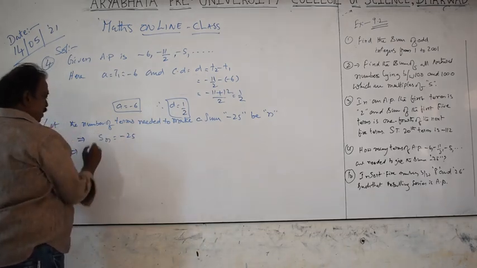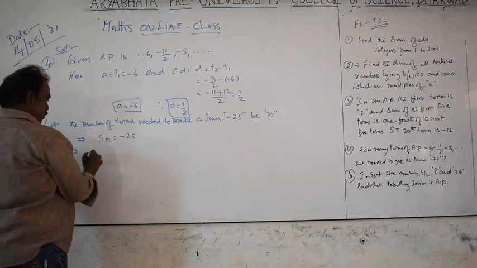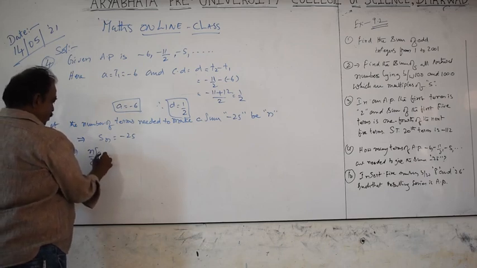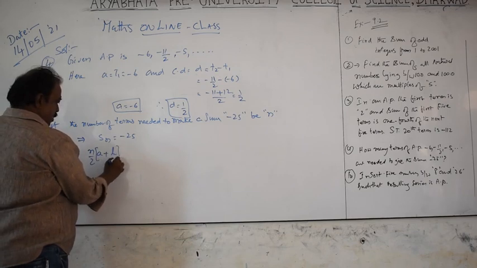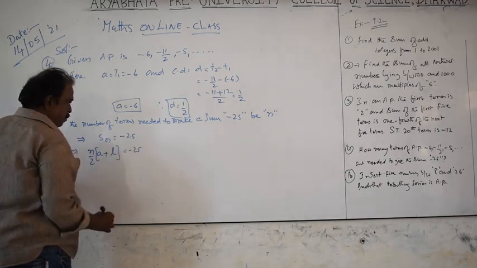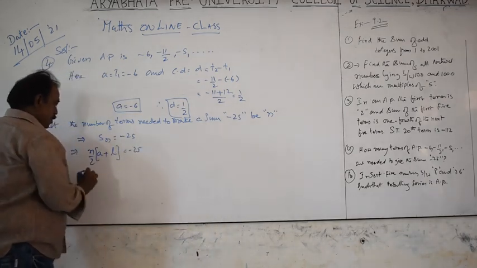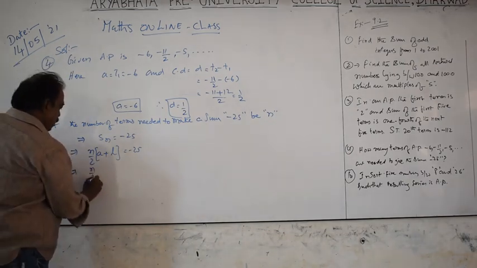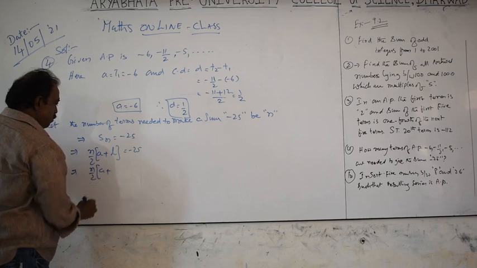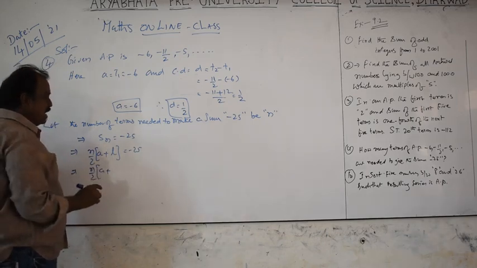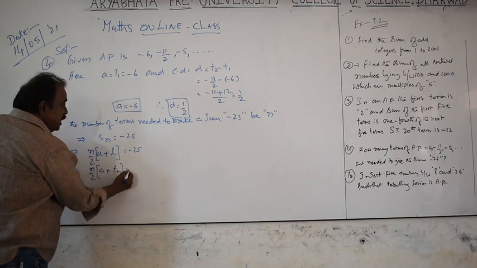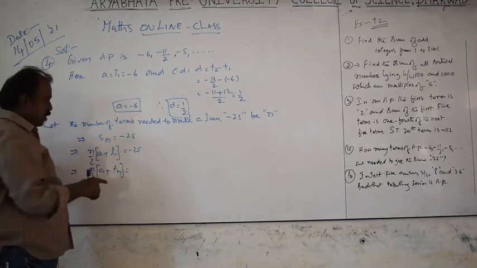What is Sn? It is n by 2 of A plus L. Will you agree? That is the formula. What is L? L is the nth term, Tn. Clearly, in the theory part I told you.